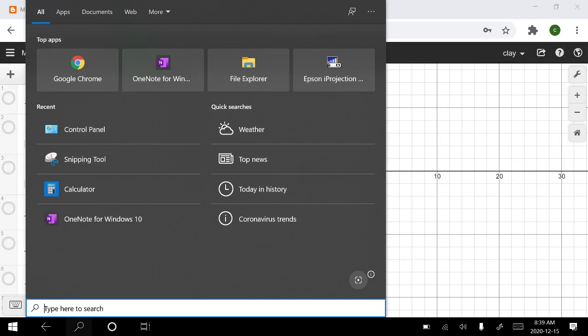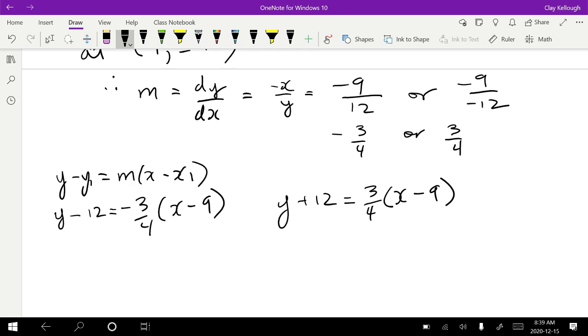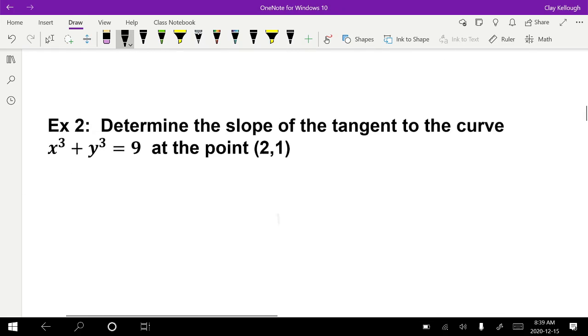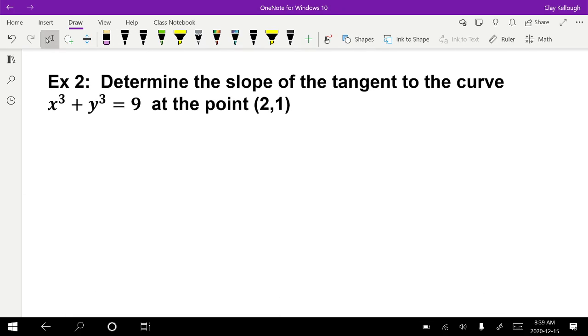Let's move on to a second example. So copy this one down. Example 2. Determine the slope of the tangent to the curve x cubed plus y cubed equals 9 at the point 2, 1. Feel free to give it a try.